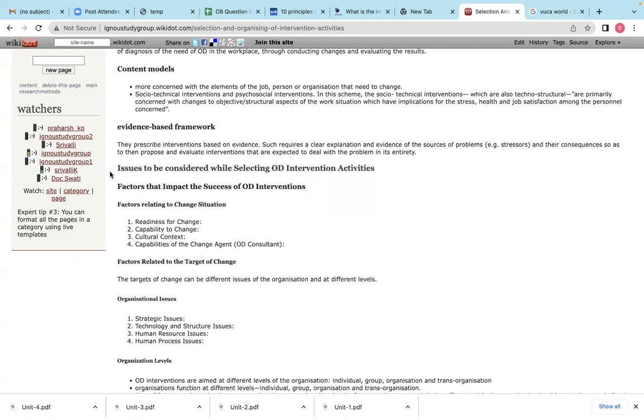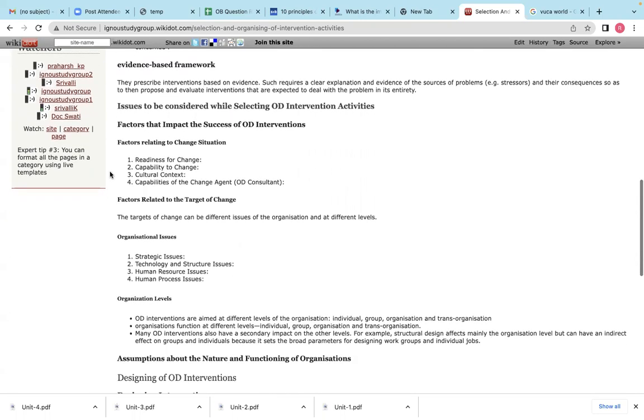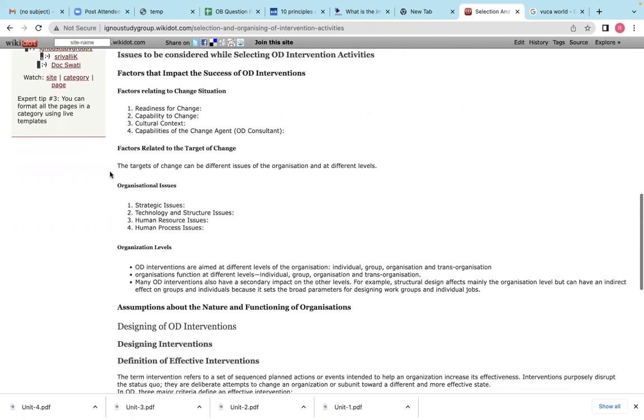So now we are going into the factors that impact the success of OD interventions. Okay, factors related to the change. If I talk about broad factors, what could impact an OD intervention's success, first is the factors related to the situation. Right, in what situation this OD is being done.